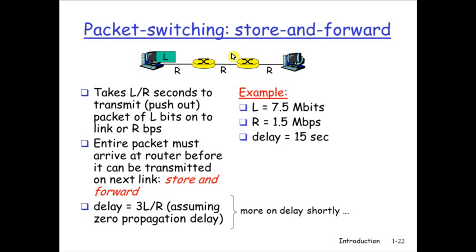Transmission delay. Since you have to wait until the whole packet is received before you send it out, the time from the first bit of the packet arriving to the last bit leaving is L over R. Make sense?